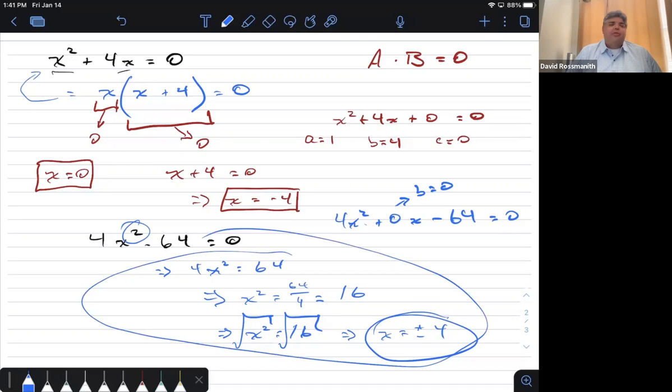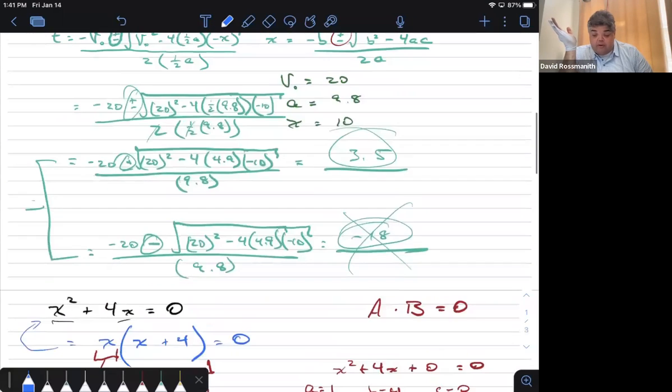Okay, so those are the 3 main basic algebraic ways of solving equations. We've got normal simple algebra, where you have one unknown raised to the first power, and you manipulate the equation to move things to the other side and get the x by itself. Then you have the quadratic stuff.